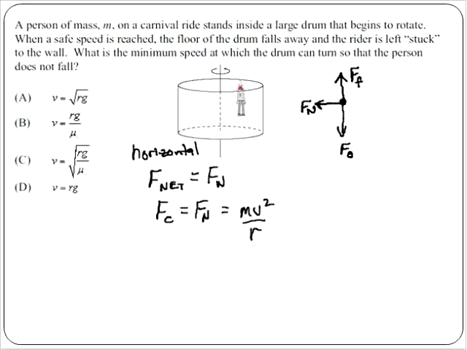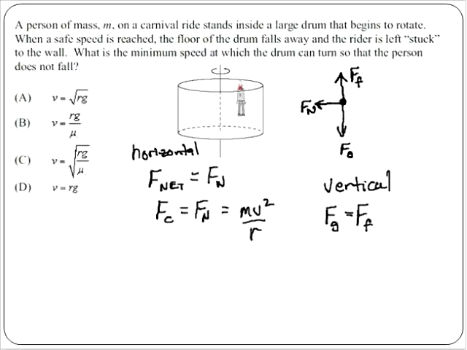Now we're going to go back to the vertical. Let's look at the vertical now. In the vertical, I can say that Fg equals Ff. Force of gravity equals force of friction. Because if those two forces are not equal, that rider is going to start to slide downwards and fall out, and the operators of the ride don't want that to happen.